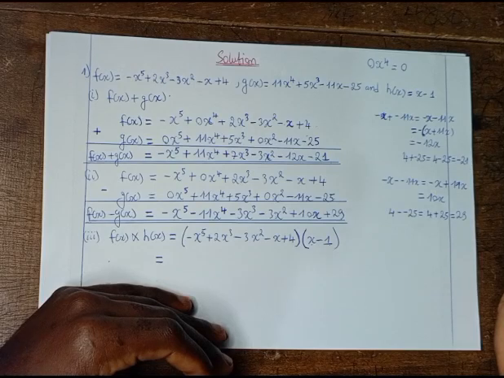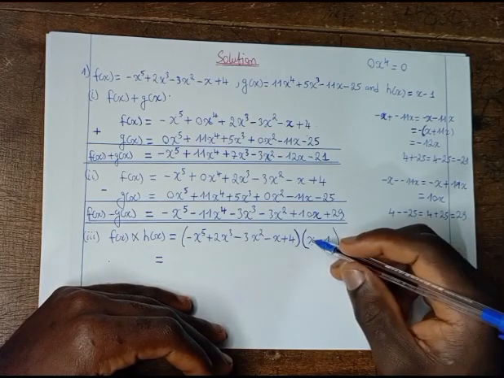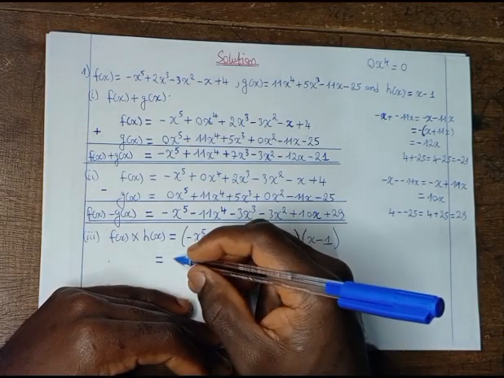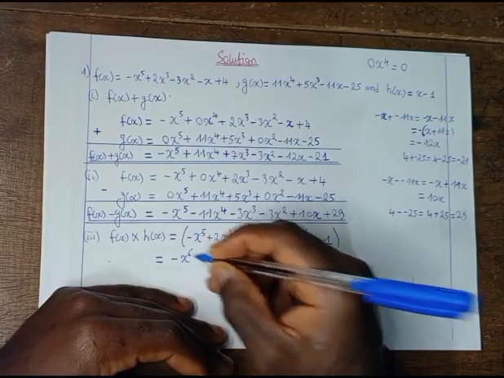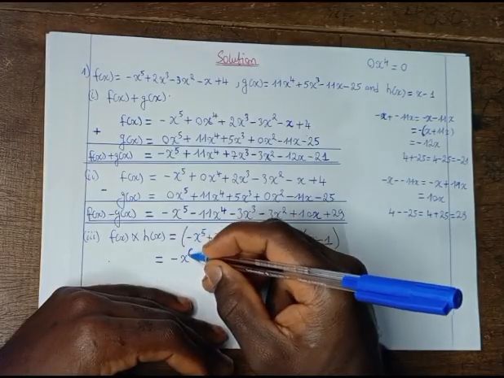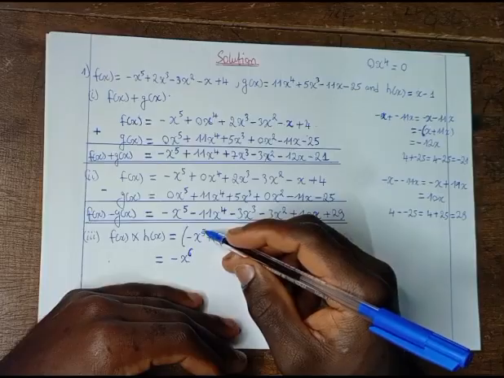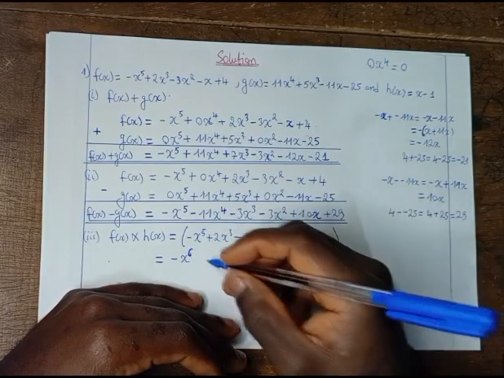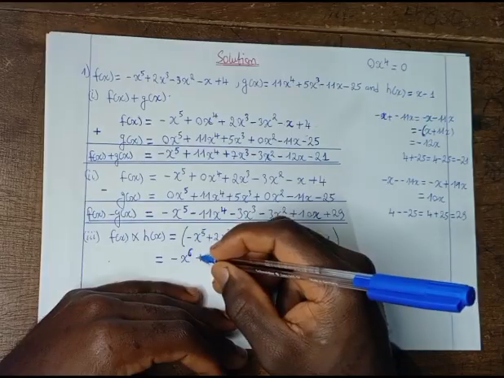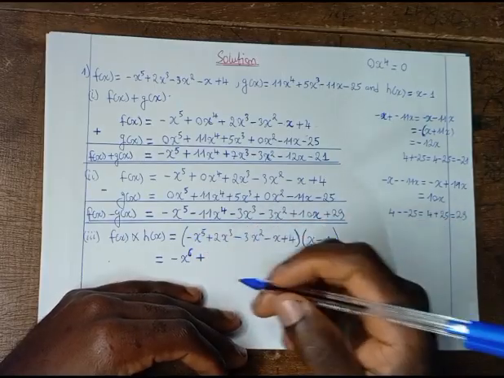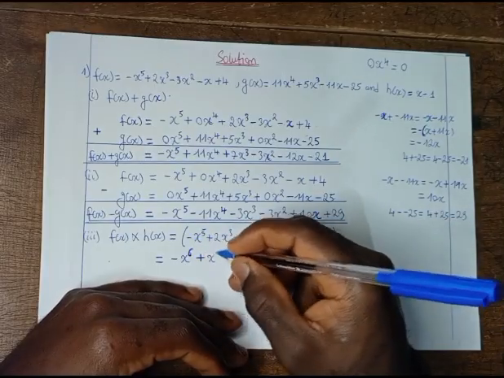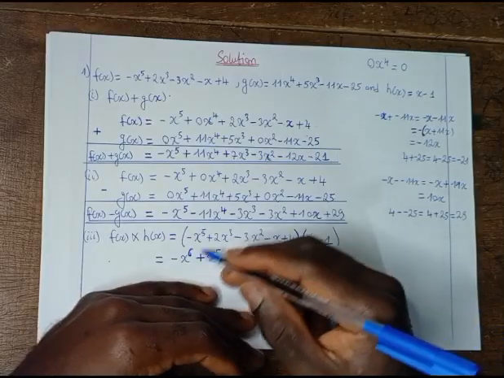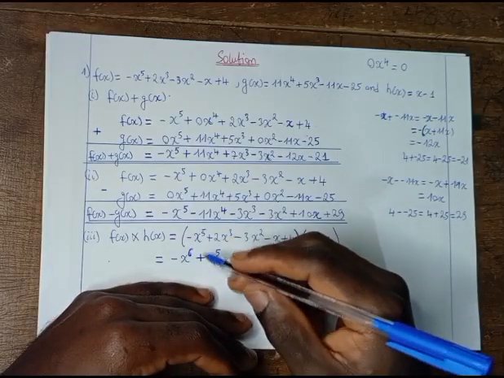Applying the rules of indices, we simply add the powers, then we maintain the negative sign. This will give us negative x to the power 6. Next, negative x to the power 5 times negative 1. Negative times negative becomes positive, giving x to the power 5.